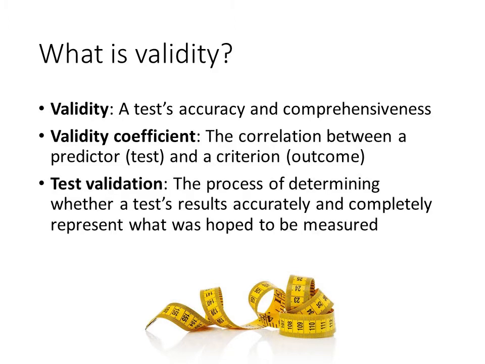To calculate a validity coefficient, we go through the process of test validation, the process of determining whether a test accurately and completely measures what it was designed to measure. Let's take a look at the basic steps of test validation before we learn more about the different types of validity that we might assess.